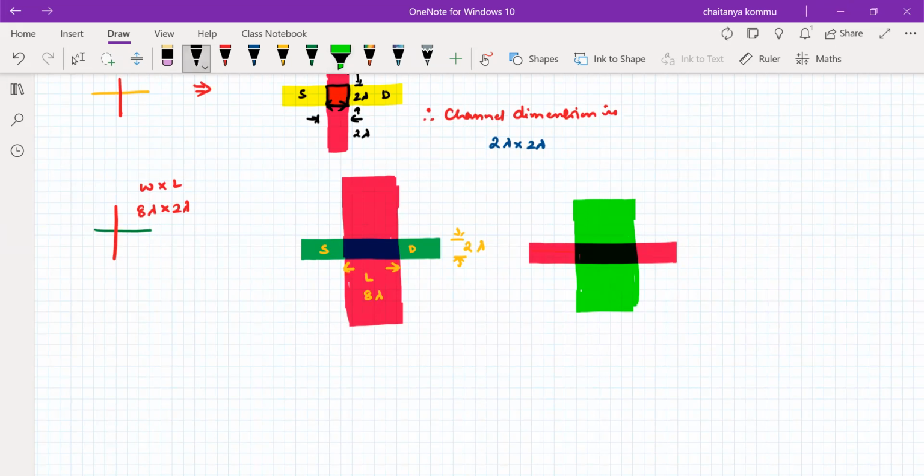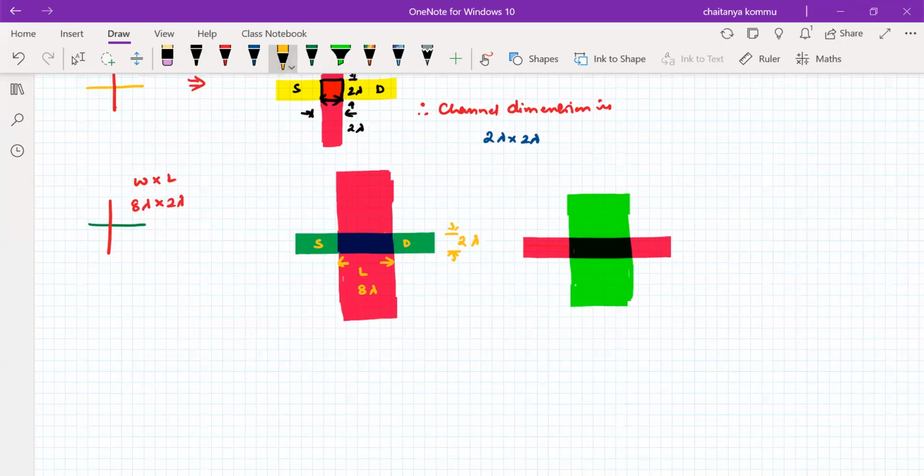What is happening here then? This is the source. This is the drain, for example. So what is the length of this one? It is defined by this one. What is the width of this one? So this is how we have to increase it. The diffusion is increased by that much amount.